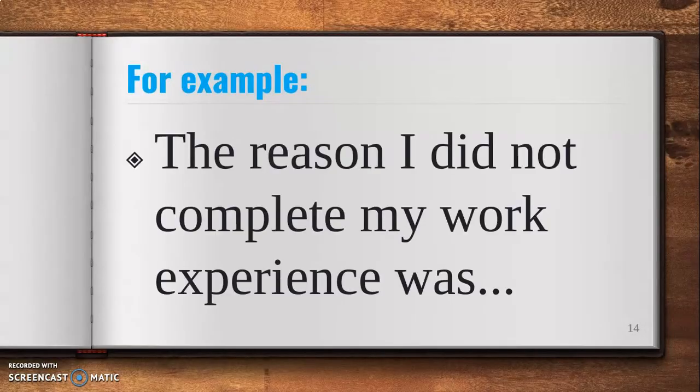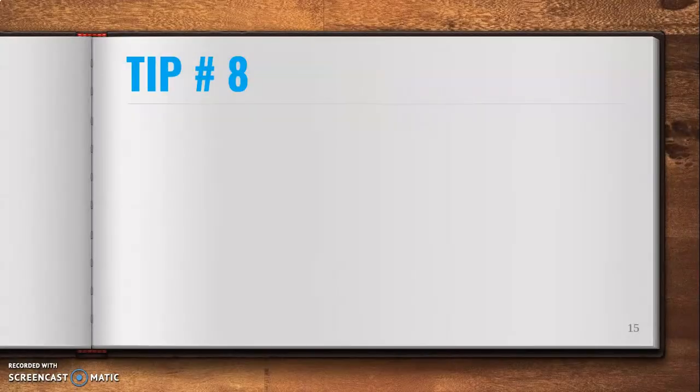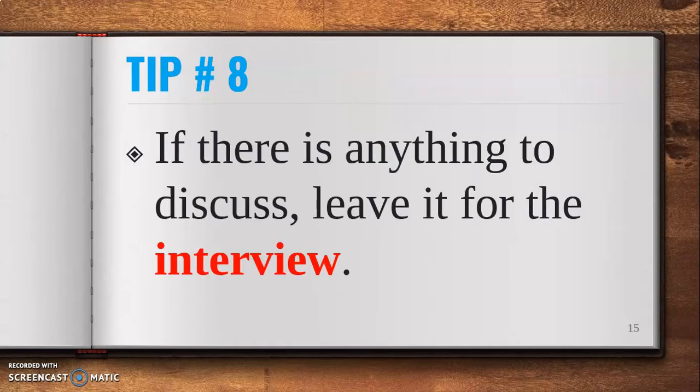For instance, the reason I didn't complete my work experience was blah blah blah. Don't use such explanations on your CV because you have to be concise. Tip number 8. If there is anything to discuss, just leave it for the interview. That's what you're supposed to do.